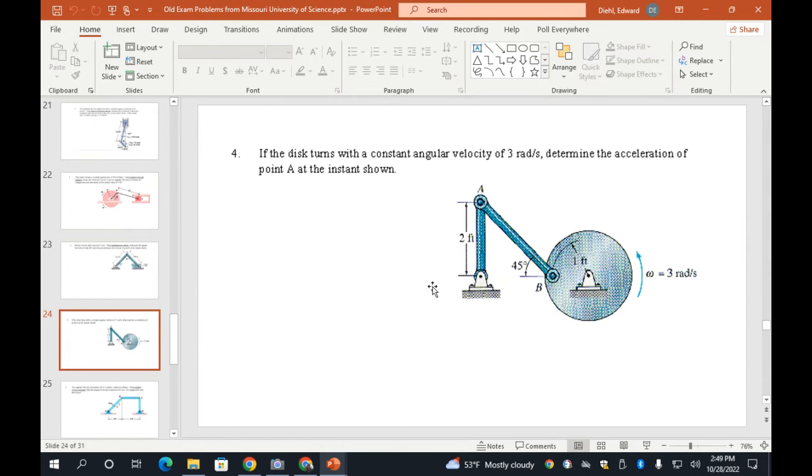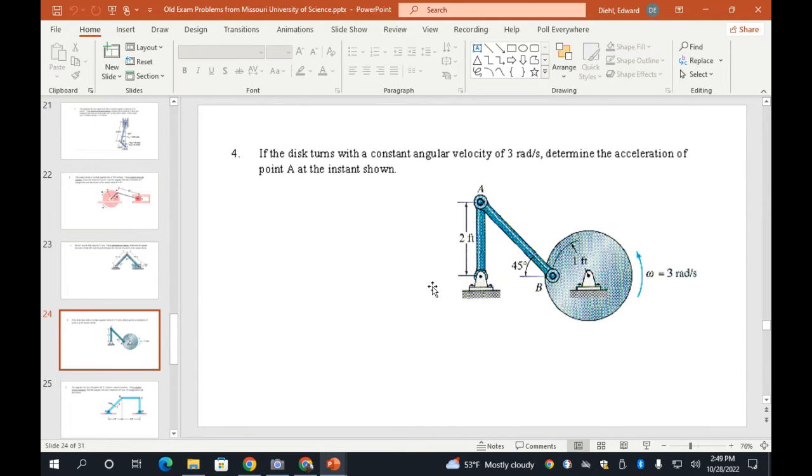Okay. All right, and then this thing is moving at omega 3 radians per second, and this thing is 1 foot in radius right here. They labeled that B, and they never labeled this other guy right here.